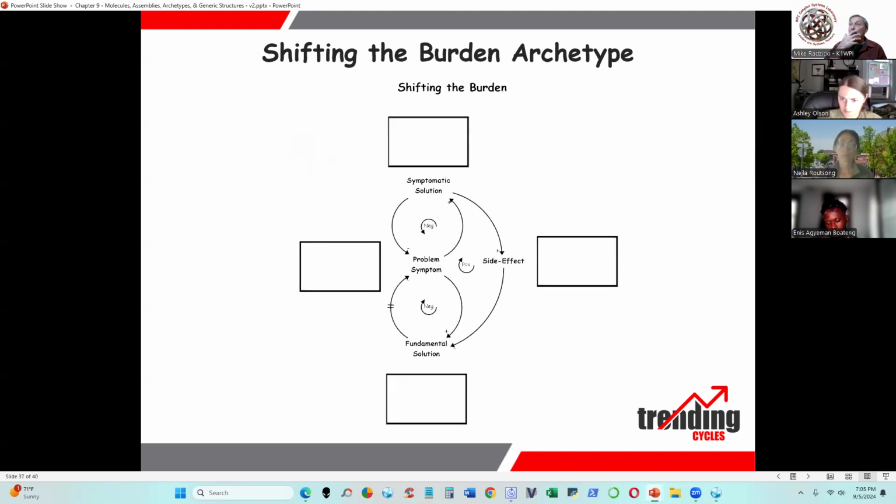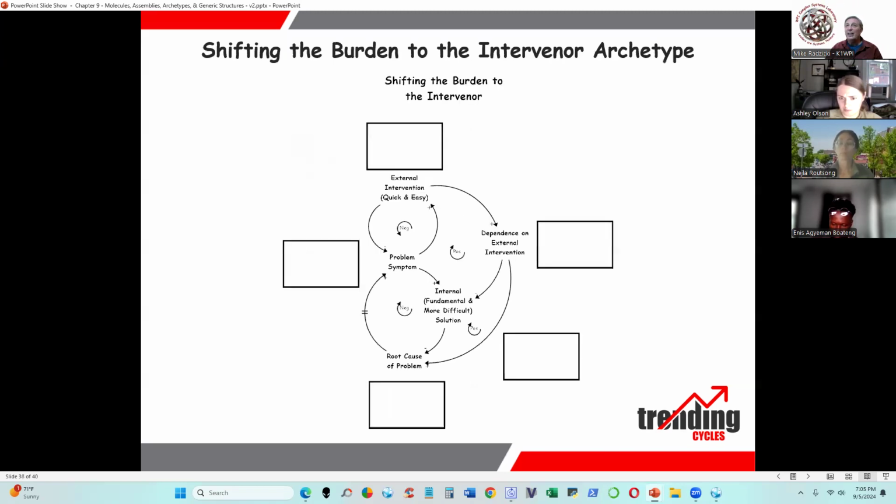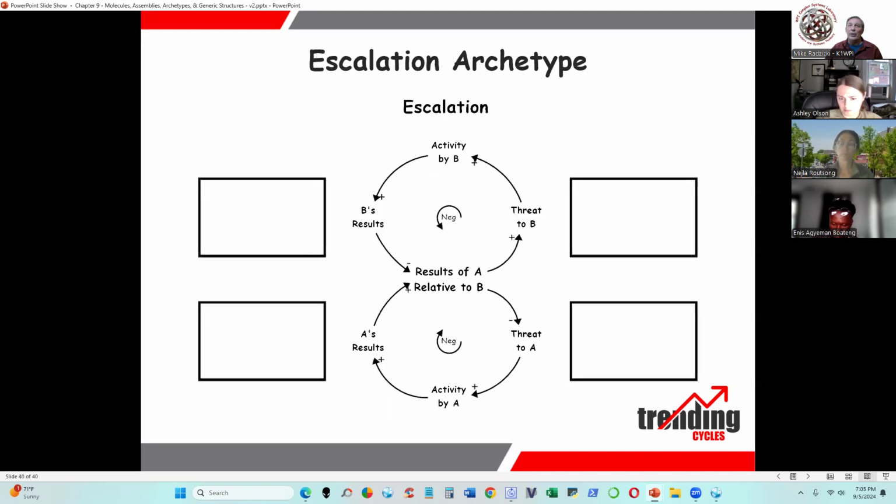If you look at the characteristics of complex systems as principles of actual systems, a lot of these are literally listed by Forrester. So maybe these should be at the top under principles, not under generic structures in the middle of that hierarchy. Shifting the burden, eroding goals, escalation, and whatever.